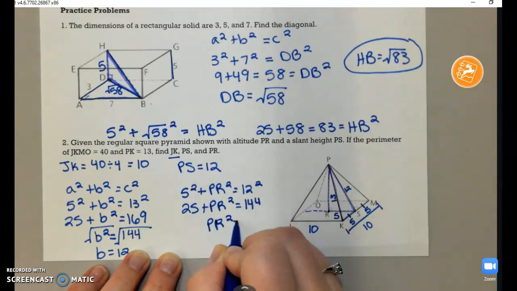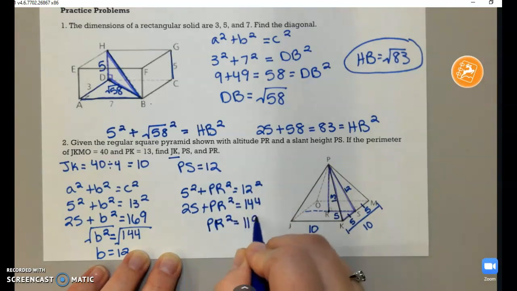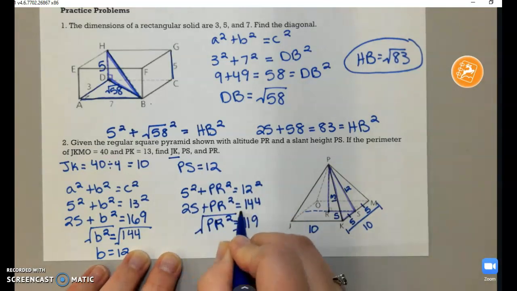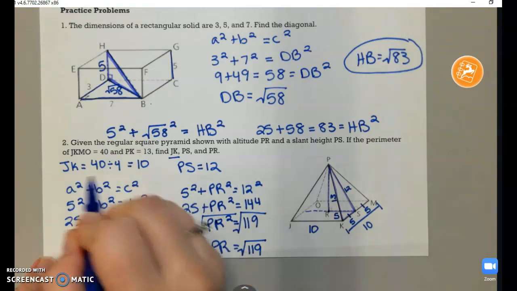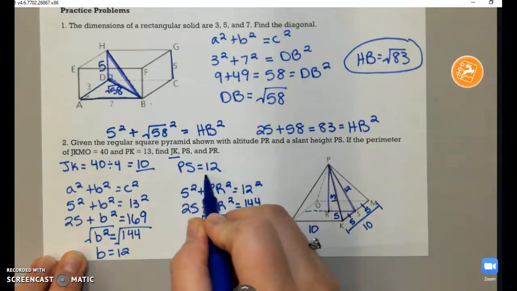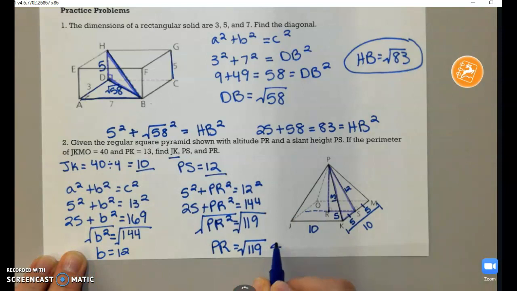So PR squared is 119. And so PR is equal to the square root of 119, and that does not simplify either. So JK is 10, PS is 12, and PR is the square root of 119. And that wraps up our 9.8 notes.